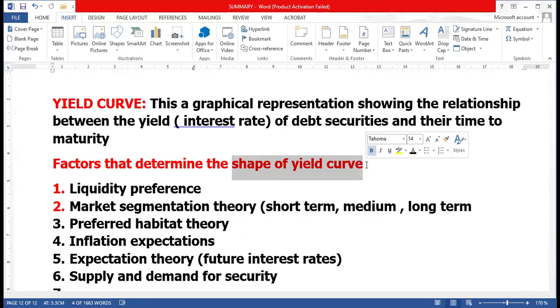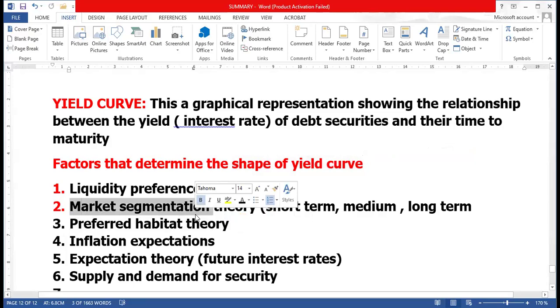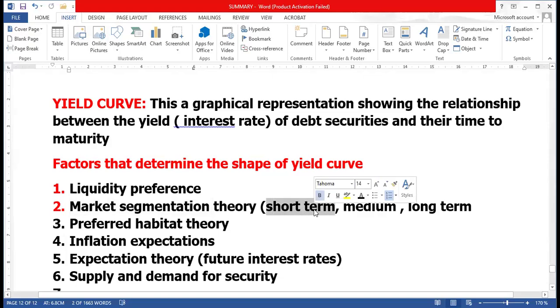There is a movement in the curve. In market segmentation, these securities are categorized into markets, because we have those who prefer short term, medium, and long term. If someone prefers short term and moves away from that to another, you will be compensated because of that.